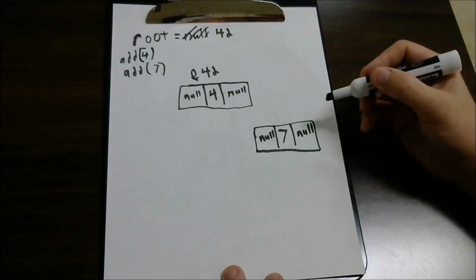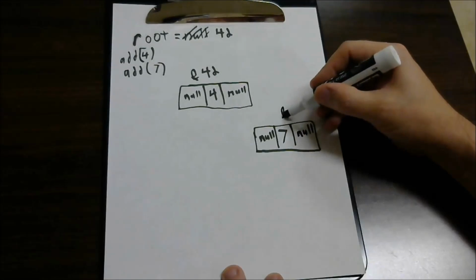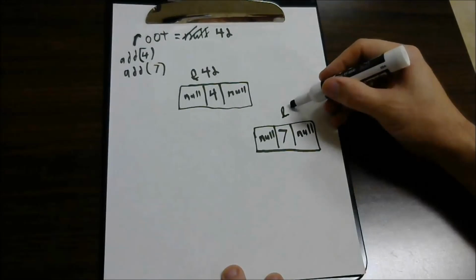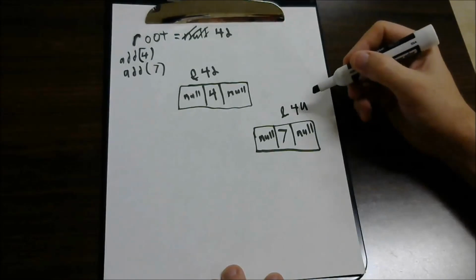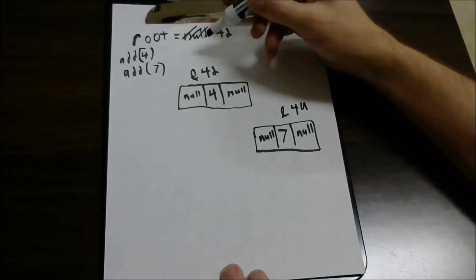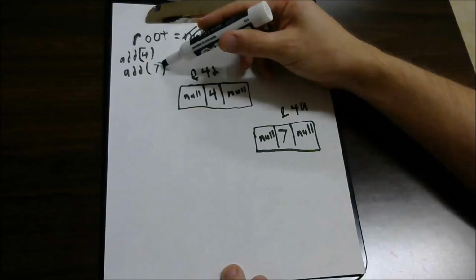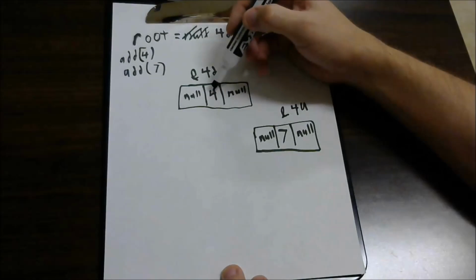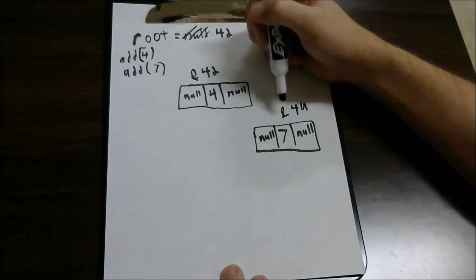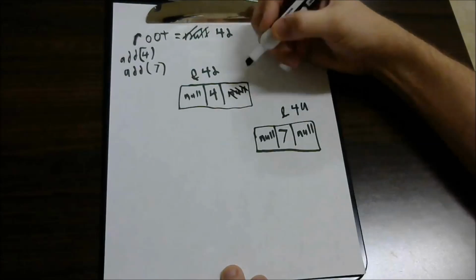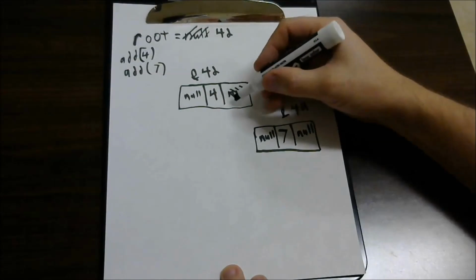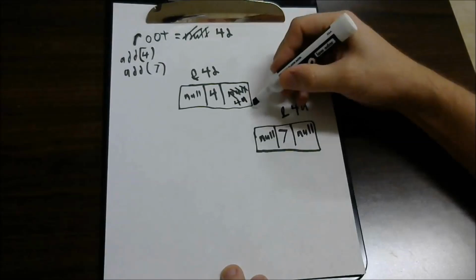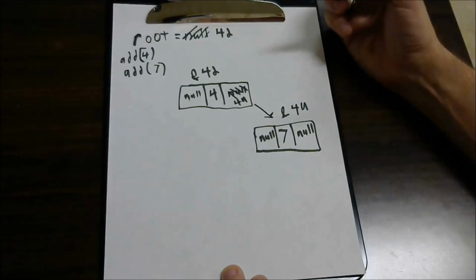Null, null. Let's say this guy's at address 49. Then when we go to our root, we say, oh, 7 needs to be added. It needs to go to the right. I have nobody on the right, so I need a new node. And that new node is going to be my right node. So this would have the address 49, linking these.